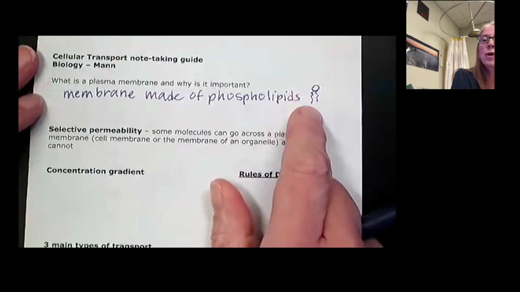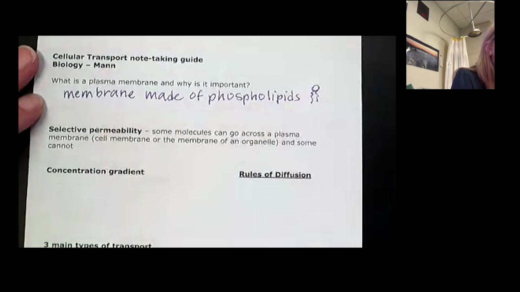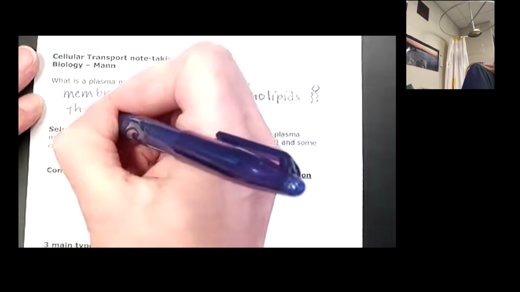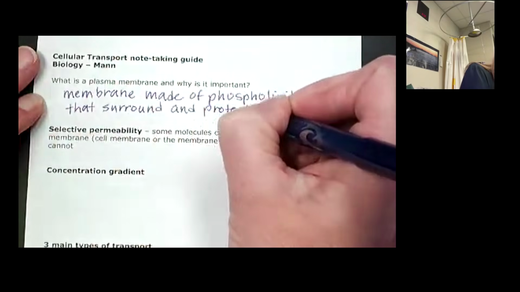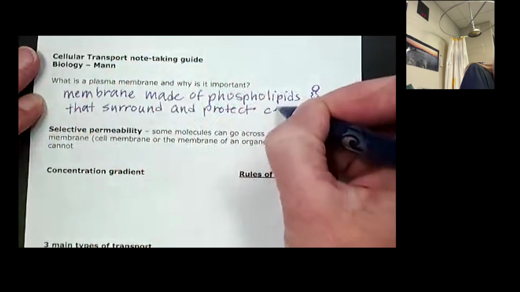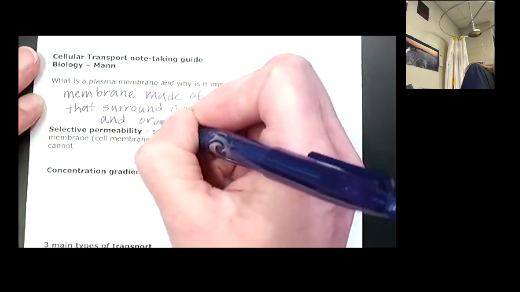Okay. And so a membrane is made up of these molecules called phospholipids that surround and protect both the cell, so protect the cell and organelles.